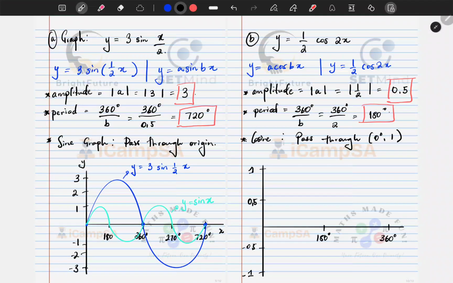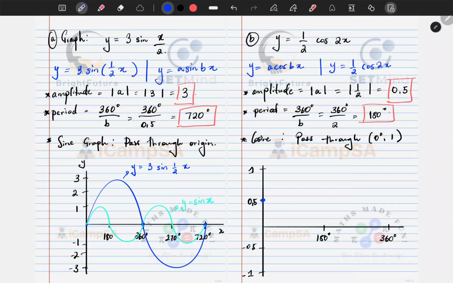So remember what we were told. We were told that it's now going to take 180 to complete one cycle, right? So it means that our graph will go from here, right? So let's draw it. So our graph will go from here.